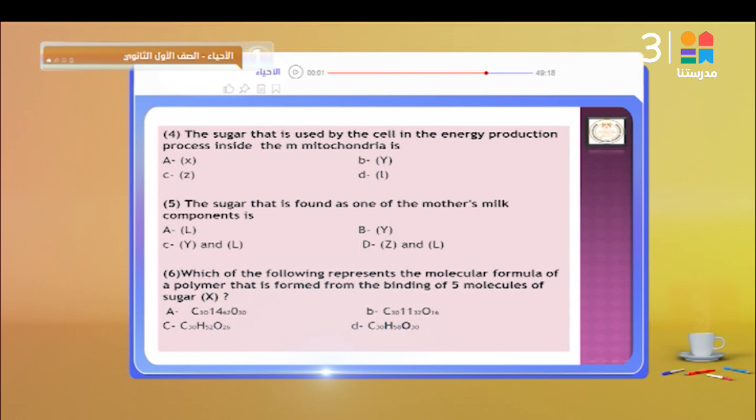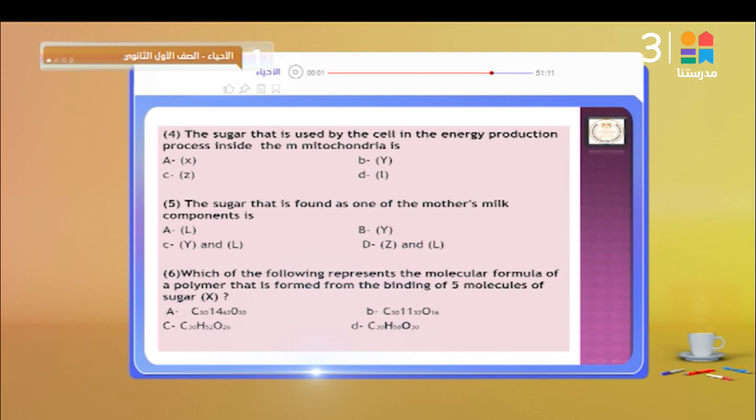When binding 5 molecules, the number of water molecules eliminated is 4. Water's chemical formula is H2O, so the number of hydrogen atoms removed is 4 by 2, equal 8 H, and 4 O. So the best correct answer is C30, H equals 5 by 6 equals 30, minus 4 equals 26. The best correct answer is C.